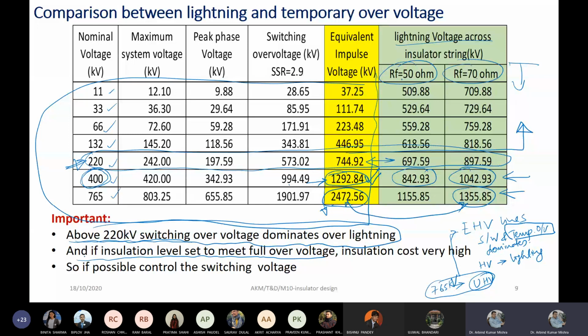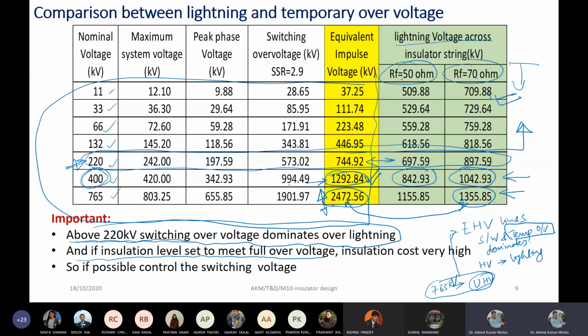So for lower voltage levels, if the insulation is designed just to meet the full lightning voltage, it's very costly. Similarly, if the system voltage becomes very high and you design an insulator based on the switching over voltage, then the cost becomes very high.